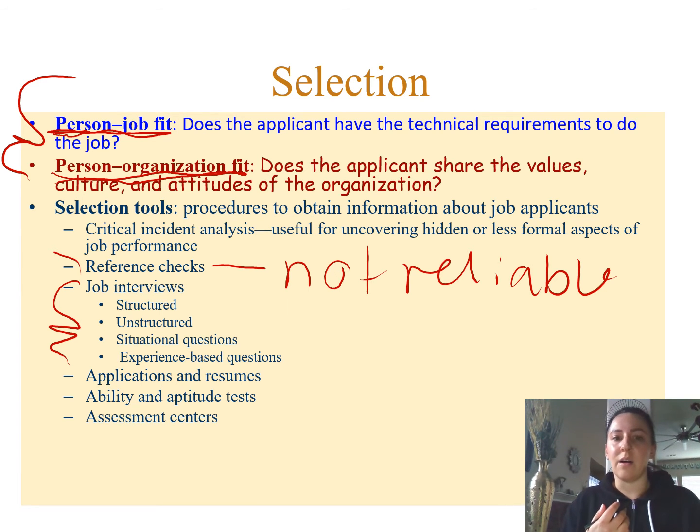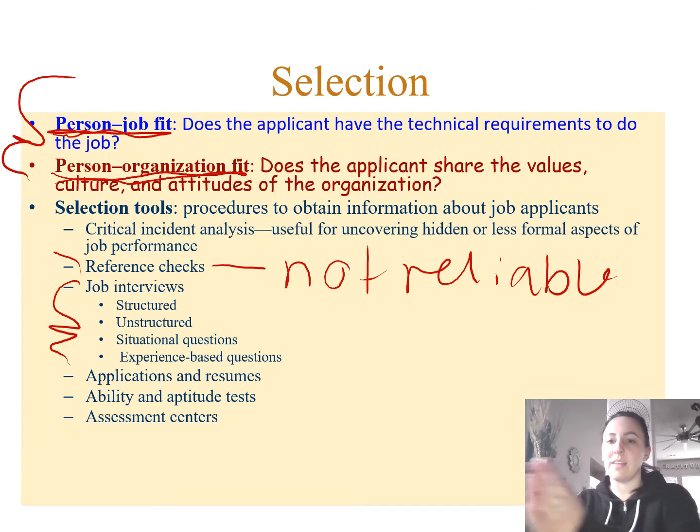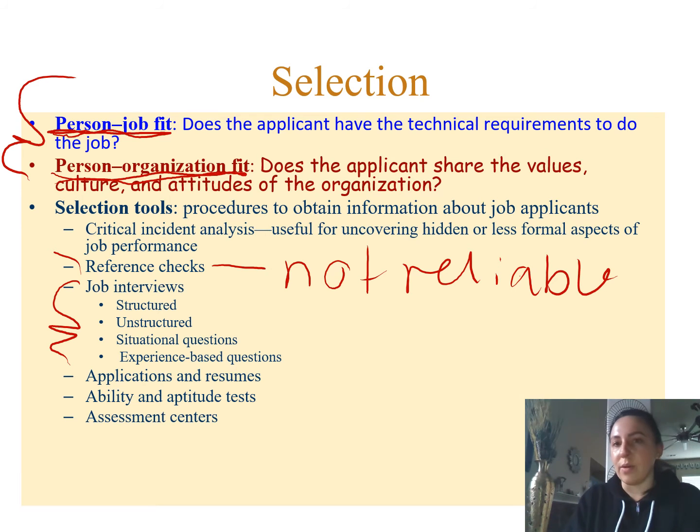Like, what would you do if such and such happened and then this happened? How would you react, or how would you handle this situation? And then, of course, the applicant will say how they would handle the situation, and then the interviewer takes notes and uses that to determine if this is the right fit for the job.